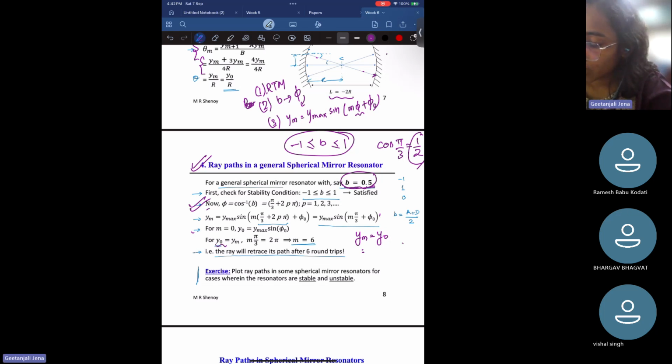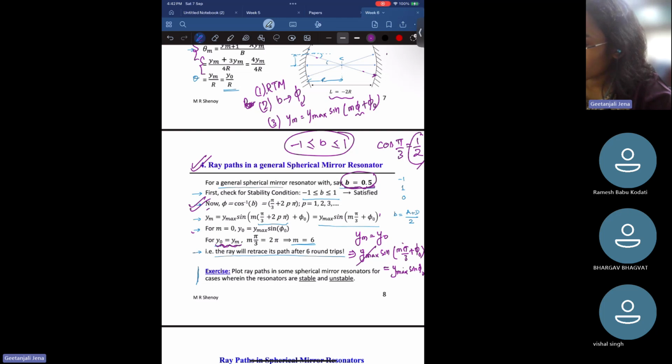So we equate y0, which is y max sine of m pi by 3 plus phi 0, with y0 equal to y max sine phi 0.